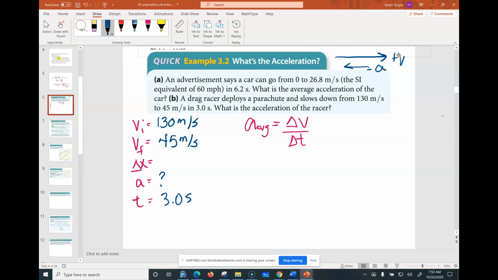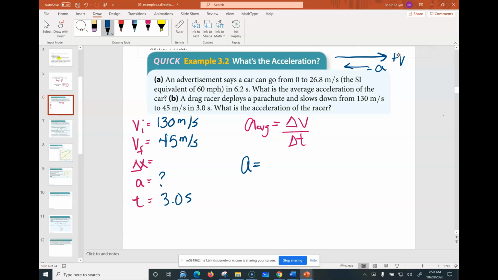So you can write down your average acceleration is delta V over delta T. And I'm going to tell you that really it's okay to just write A, because it's going to be the same acceleration the whole time.